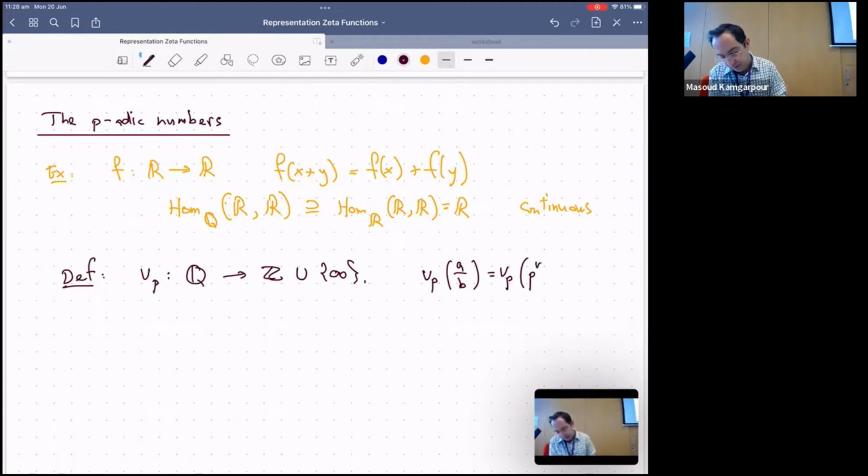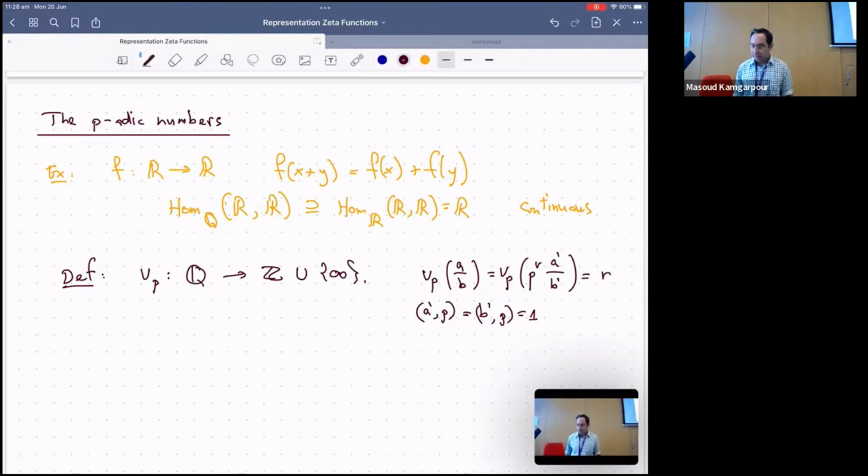I'll have you say p to the r, a prime over b prime. And now I want a prime and b prime to be coprime to p. Here it will just be r.